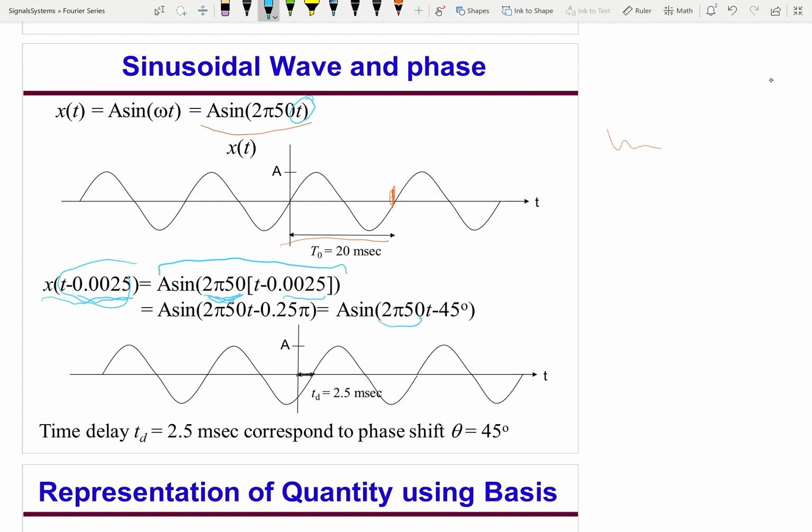Omega times 2.5 milliseconds, I get this, which is 45 degrees. So a delay of 2.5 milliseconds is equivalent to 45 degrees, or a phase shift of 45. So if I plot this signal, it will look like this. So this is delayed 2.5 milliseconds, and I plot it.